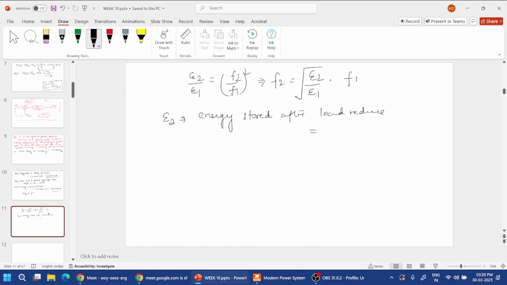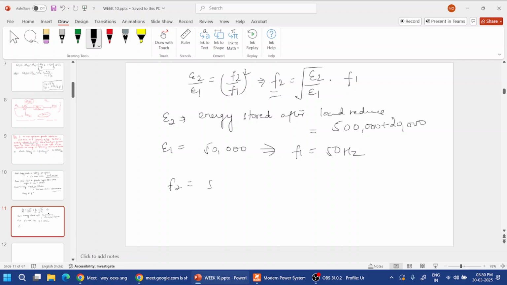So basically we add both. So 50000 plus 2000. E1 here is the initial energy, which corresponds to F1. At this time the frequency is 50 Hertz, but F2 we have to calculate.